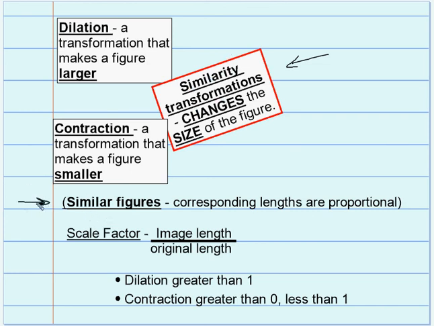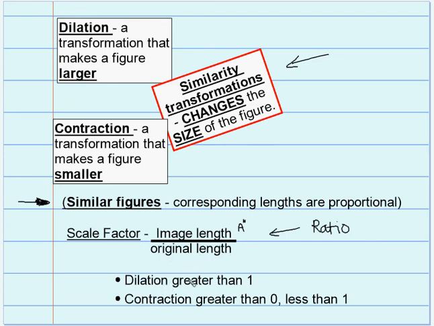Okay, so now I'm here. Similar figures, we've talked about them. This is a refresher that corresponding lengths are proportional. So we can make a ratio that is going to be our scale factor. So we take the image length, that's the one with the prime symbols, like A prime, and we're going to divide that by our original length, and that'll give us our scale factor.